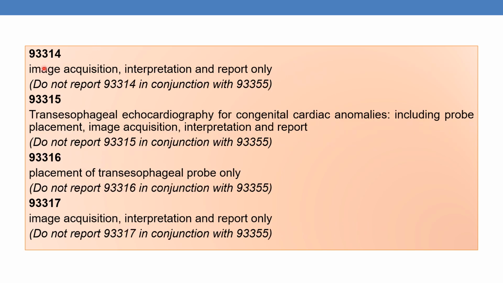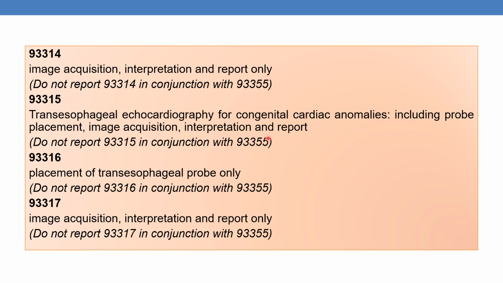Next CPT is 93314 for image acquisition and interpretation and report only. For image acquisition, interpretation and report only, you need to report 93314. For probe insertion only, you need to report 93313. The next is 93315. Transesophageal echocardiography for congenital cardiac anomalies, including the probe placement, image acquisition, interpretation and report.